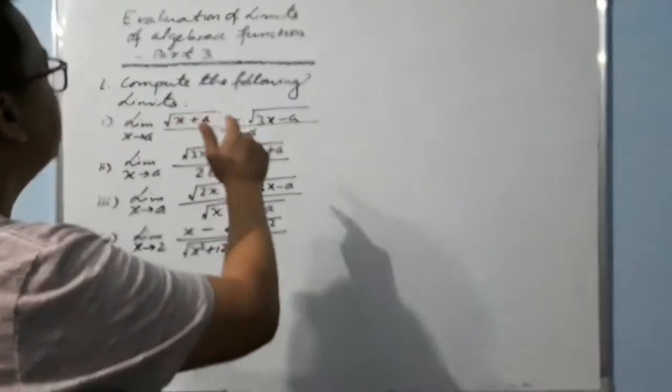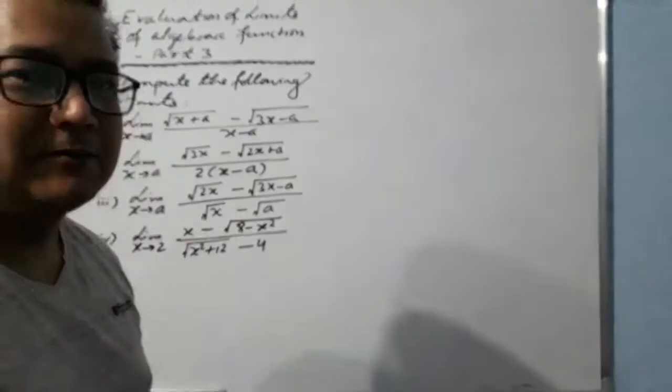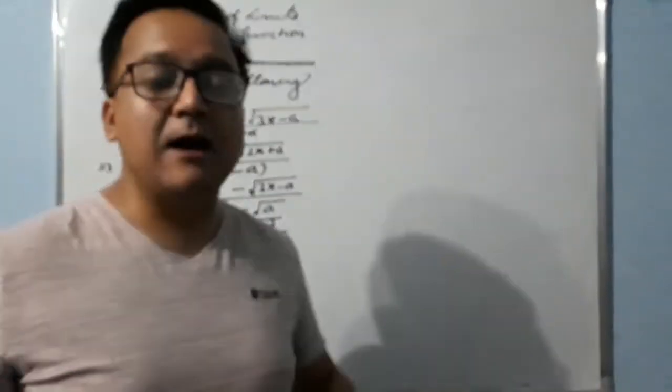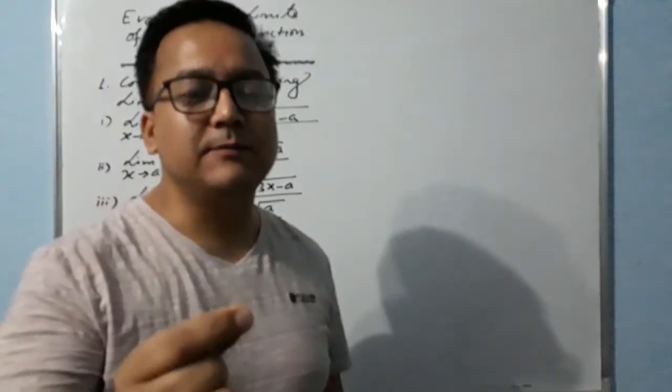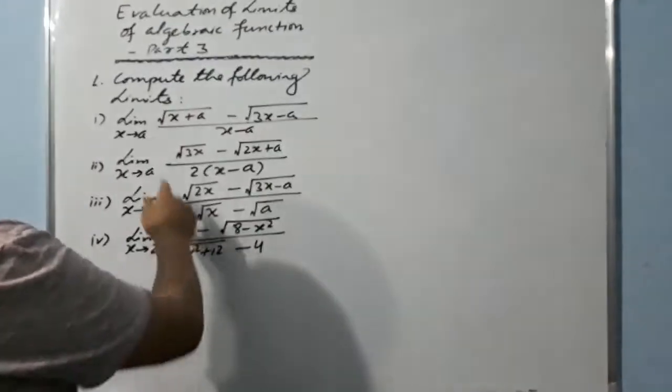Today also we are doing evaluation of limits of algebraic functions, but not part 1 or part 2; we are in part 3. So in part 3 I have taken different types of questions to evaluate the limit of a function.